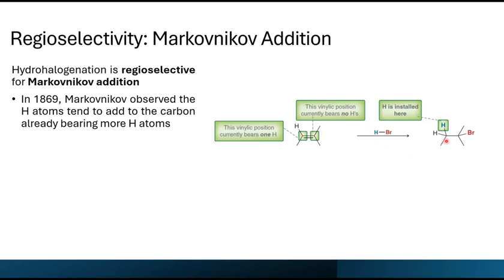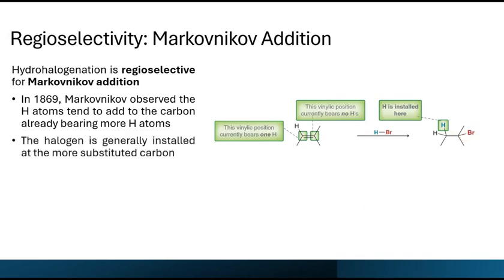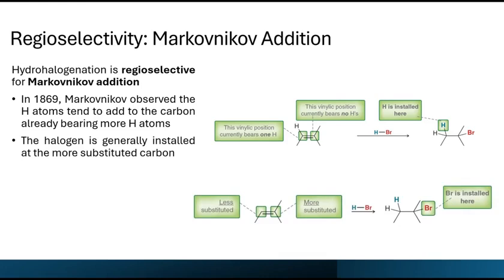So we'll see it adds to this carbon, therefore the other carbon that has less H's gets the Br. The halogen is generally installed at the more substituted carbon. The Br goes to the carbon that has more carbons.